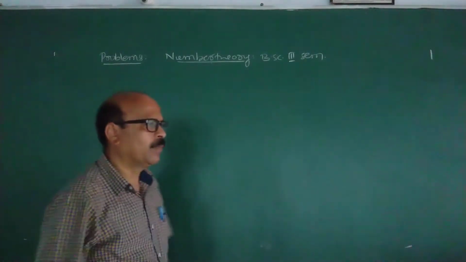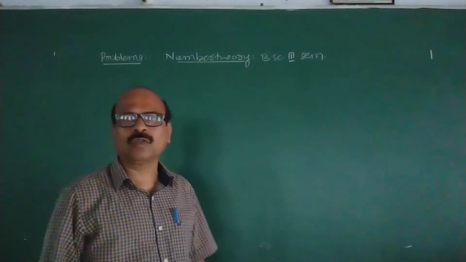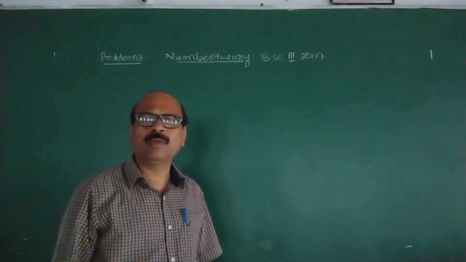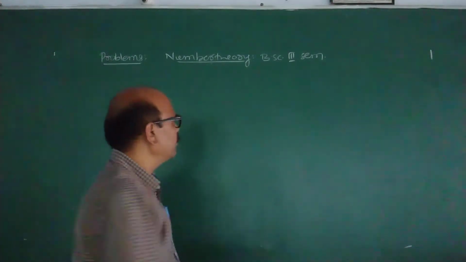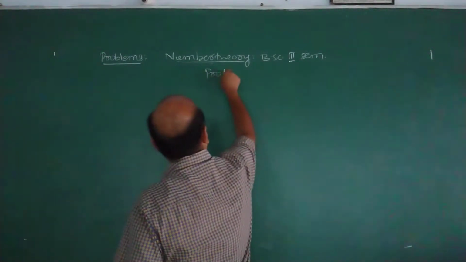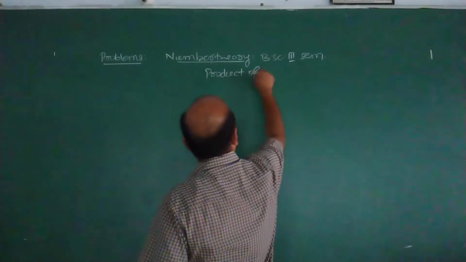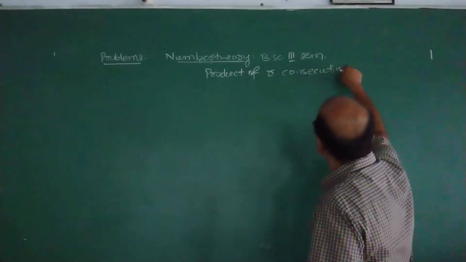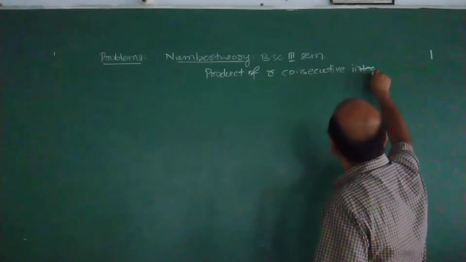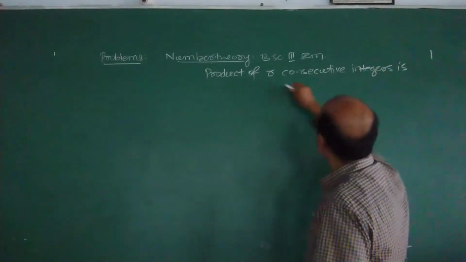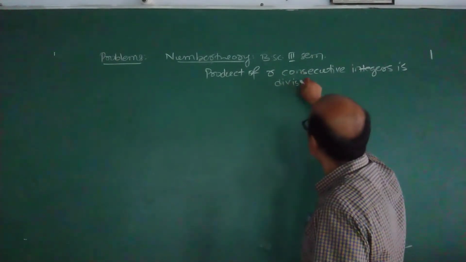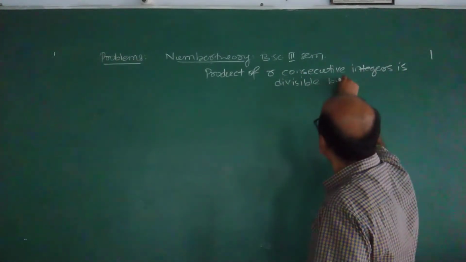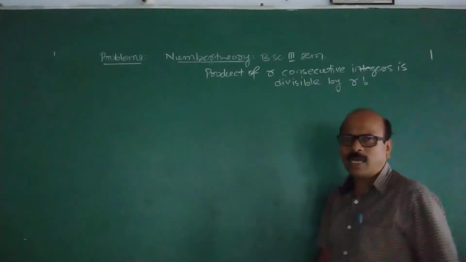that is, the product of r consecutive integers is divisible by factorial r.